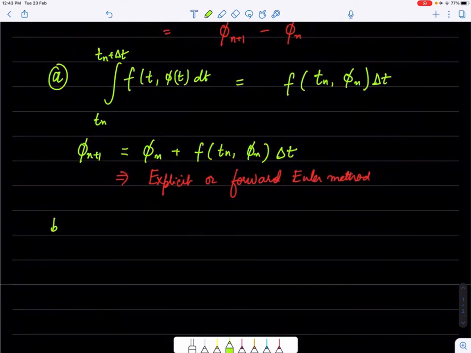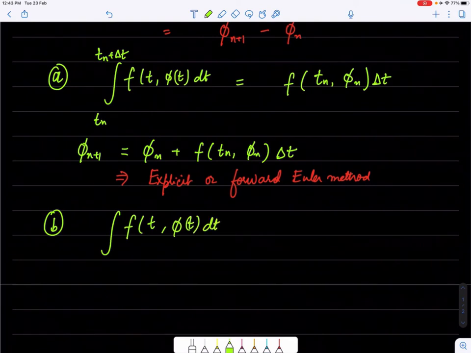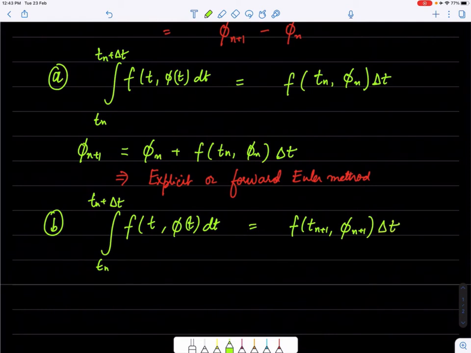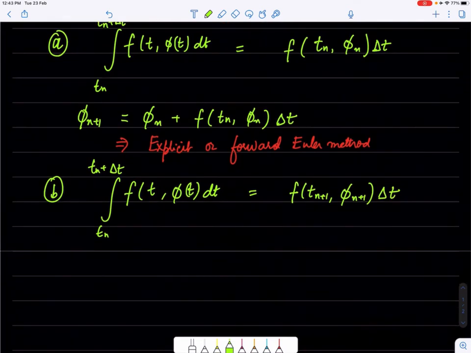Now the second approach is to approximate the integral of f(t, phi(t)) dt between tn and tn plus delta t in terms of the function at the final or end point. So I could write this as f(tn plus 1, phi n plus 1) into delta t.